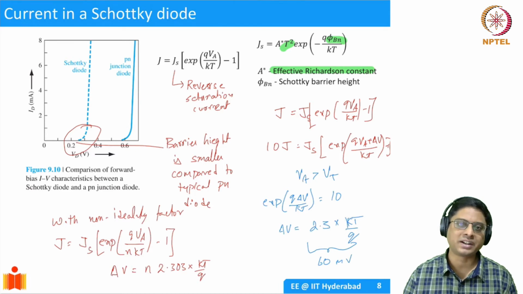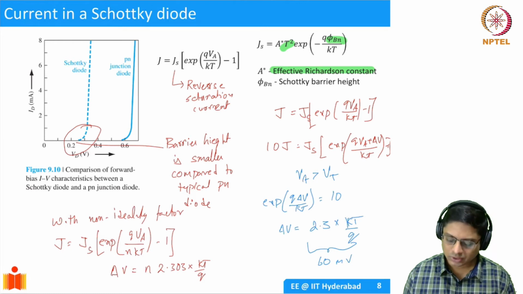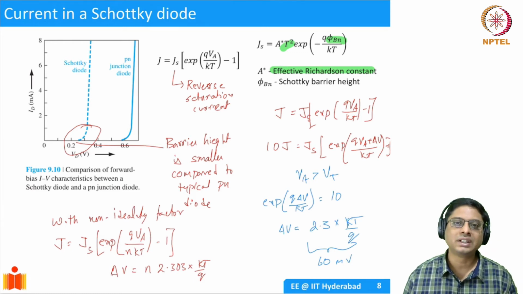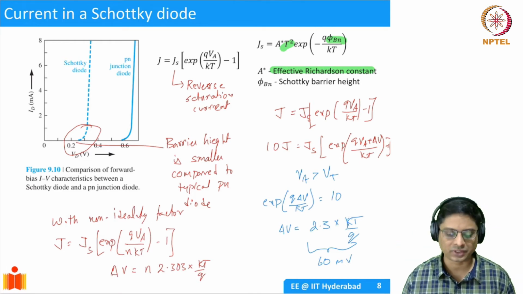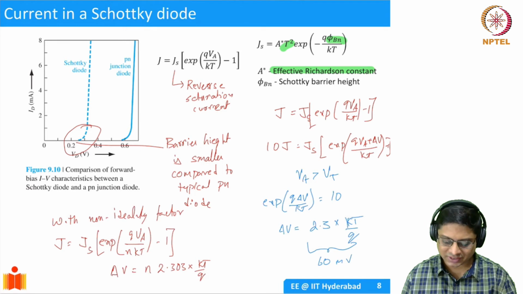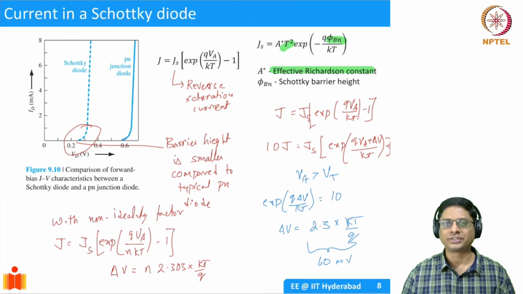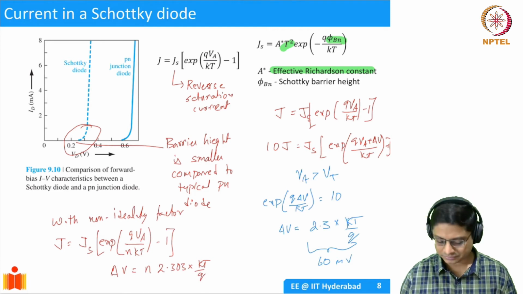Wherever you have a barrier and you have current increasing, that same thing happens. Even in the PN junction, it happens. So we require about 60 to 100 millivolts to cause one decade increase in the current in the forward bias, not in the reverse bias. So this is an interesting thing. I want you to just make note of it. We'll come back and talk about the implications later on when we discuss MOSFETs.